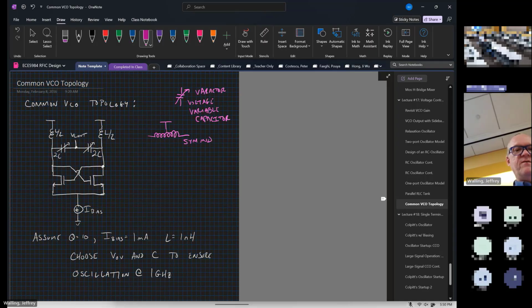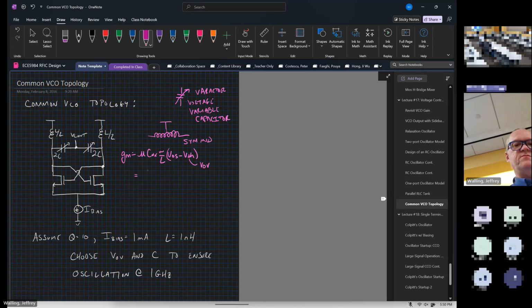All right, now our negative resistance comes from the GM of the circuit ultimately. Remember, GM is equal to mu times Cox times W/L times VGS minus VTH. This quantity, remember, we call VOV.